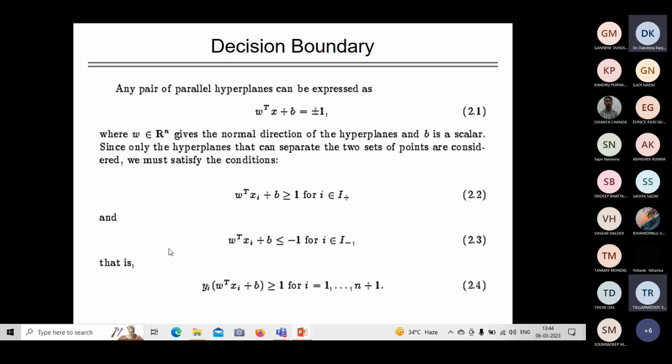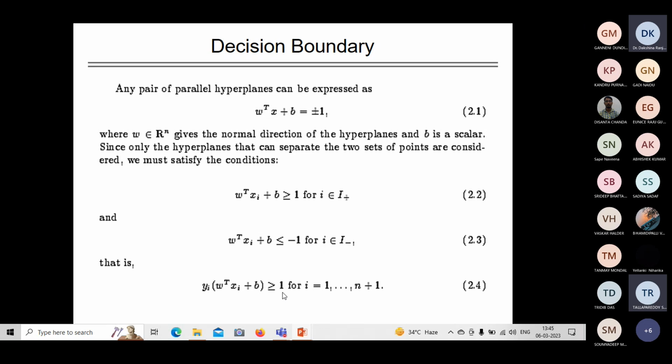Since the support vector machine is a supervised learning method, we get the feature point as well as the class information, so class information is already provided with each feature vector. Using the feature points and the corresponding class labels, we will train the support vector machine. Here we get two different conditions for the positive class and the negative class, and we combine them to get yi into W transpose Xi plus B greater than or equal to 1.